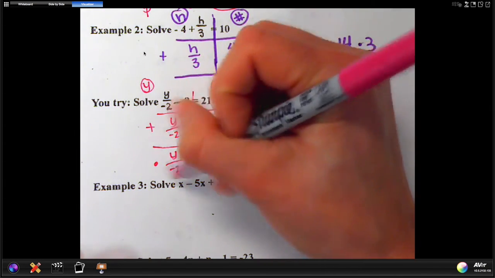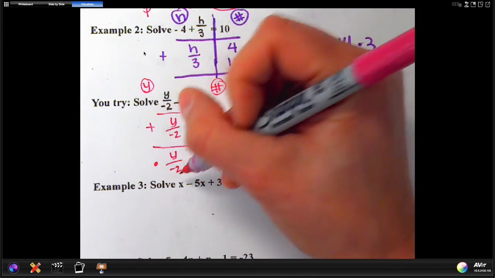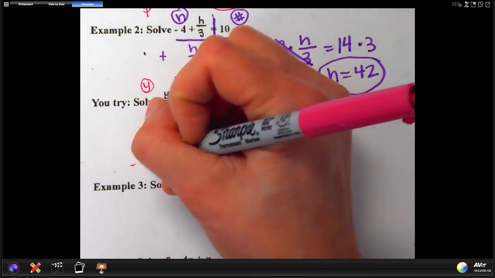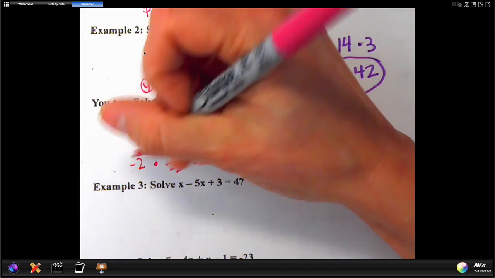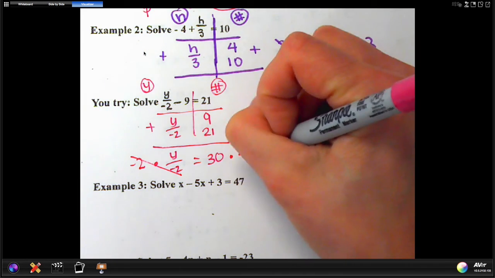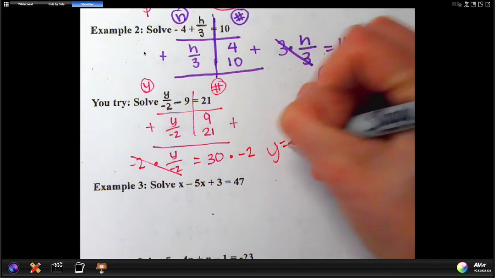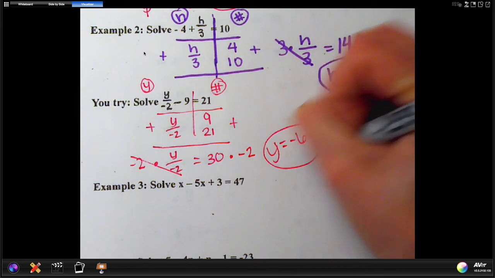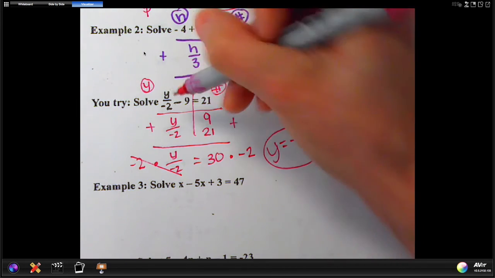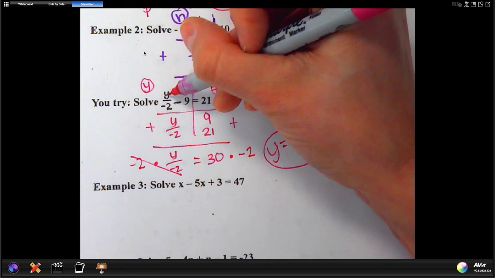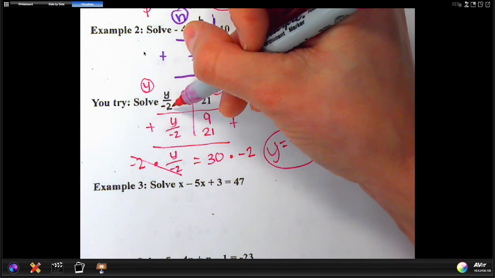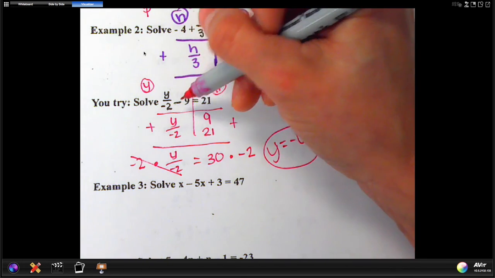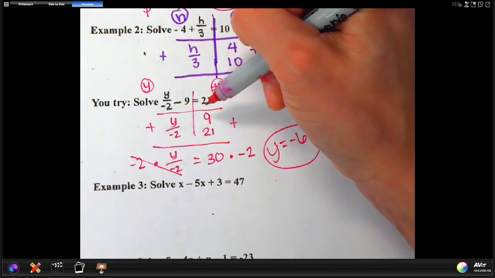When we're down here and we get to multiplying and dividing, if it's negative, we're going to keep it negative when we multiply or divide. So our final answer is y equal negative 60. And you can check your answer by entering it back in. So negative 60 divided by negative 2 would give you 30 minus 9 does equal 21.